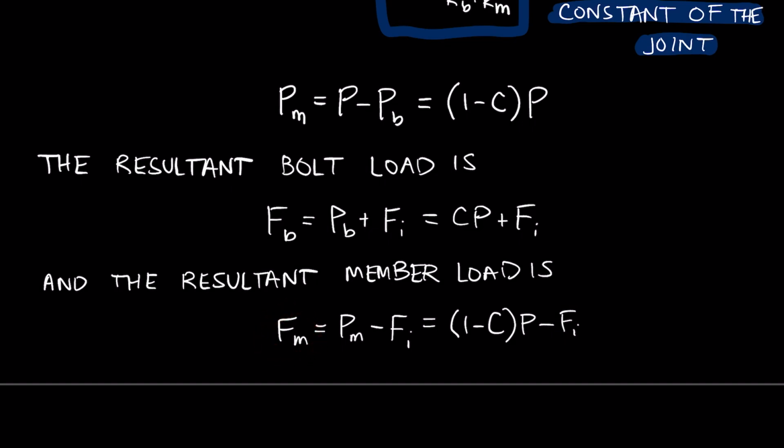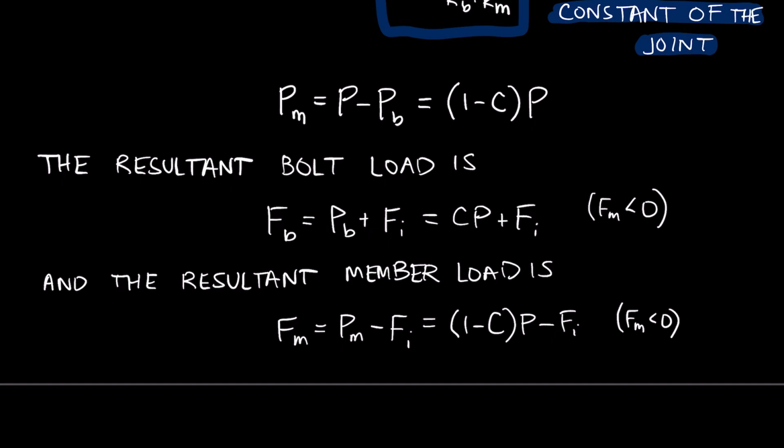Now, this resultant member load is very important because if it ever becomes positive, then these equations will no longer apply. Okay, so these only work when our resulting member load is negative.